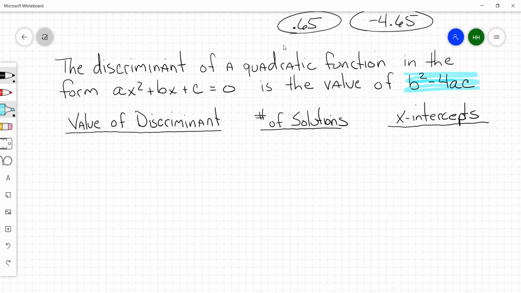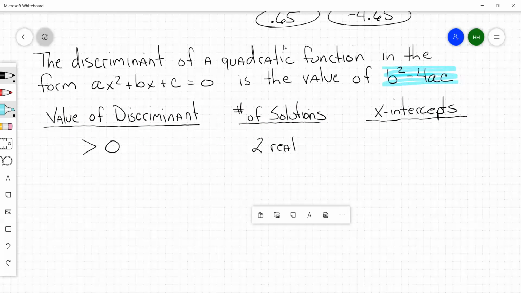All right, so when the value of the discriminant is greater than 0, any value greater than 0, you're going to have two real solutions. And you're going to have x-intercepts. You're going to have two of them, all right?